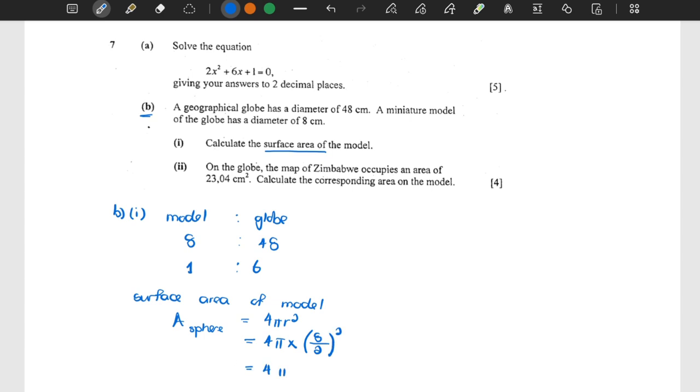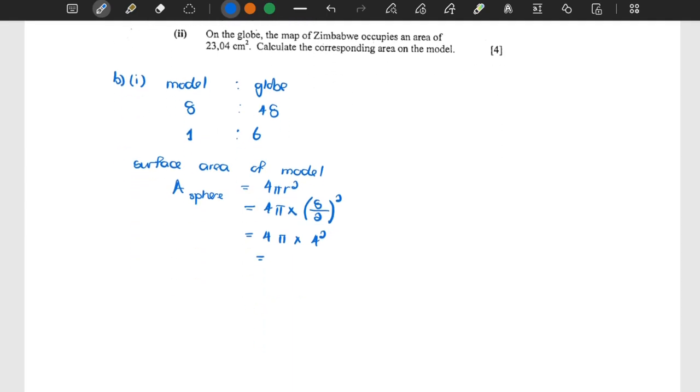So it's going to be 4 pi times 4 squared. So that's going to be 4 times 4 squared, which is going to be 64, times pi. That's going to be 201.06 and so on. Then to 3 significant figures, because usually you have to report to 3 significant figures, 201 centimeters squared. That's the area of the model.